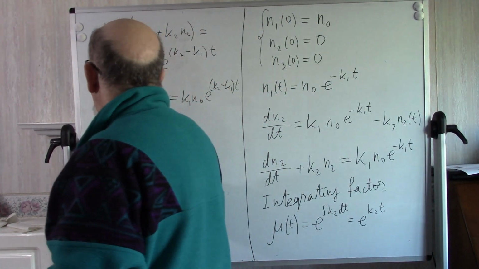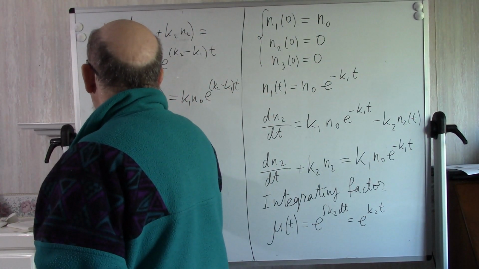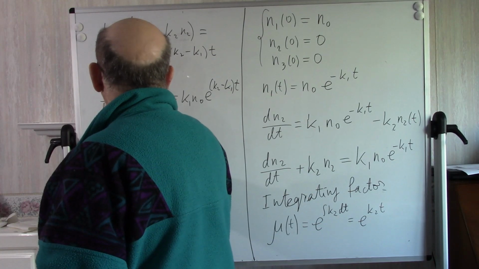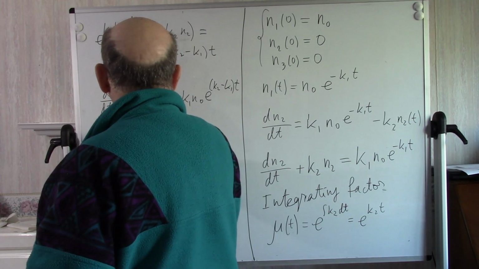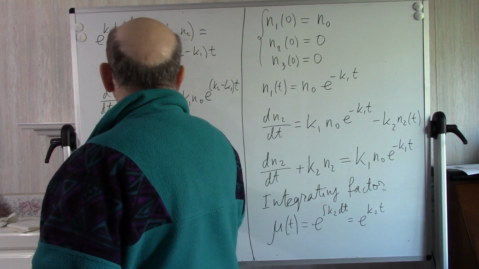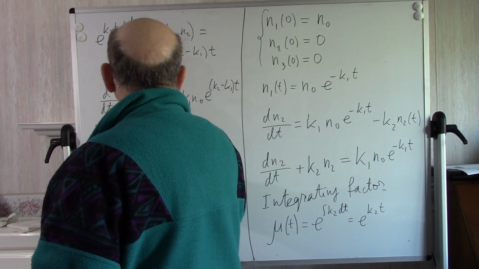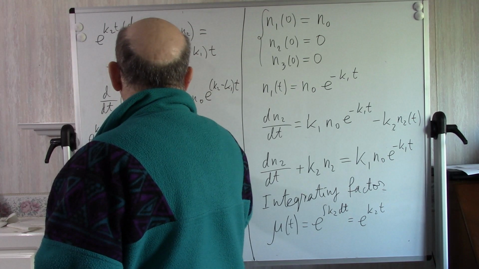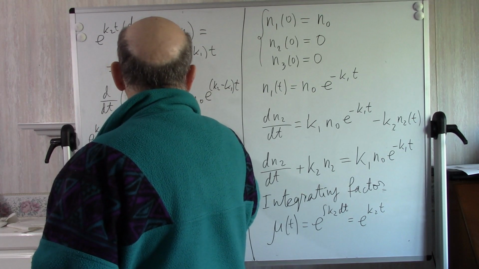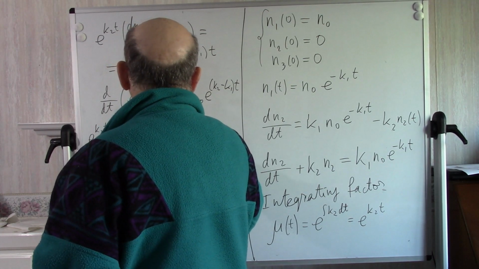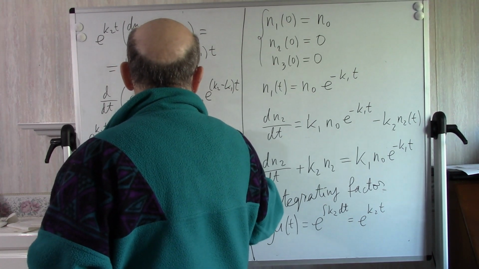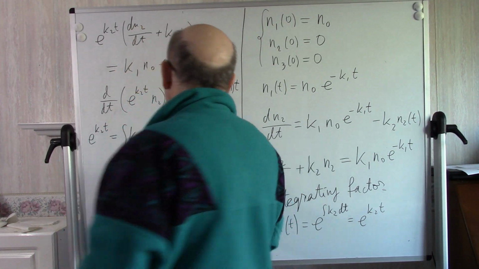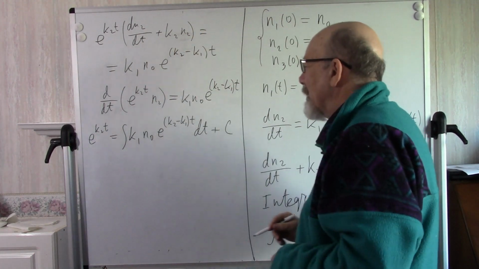So e^(k2 t) N2 equals the integral of k1 N0 e^((k2-k1)t) dt, plus C, where C is a constant.